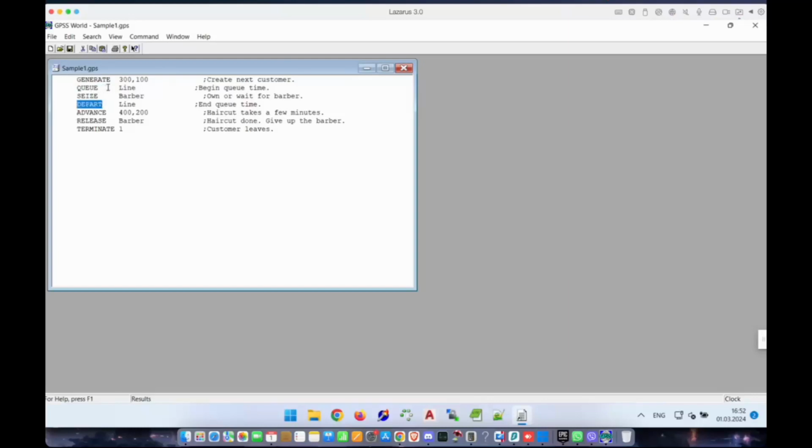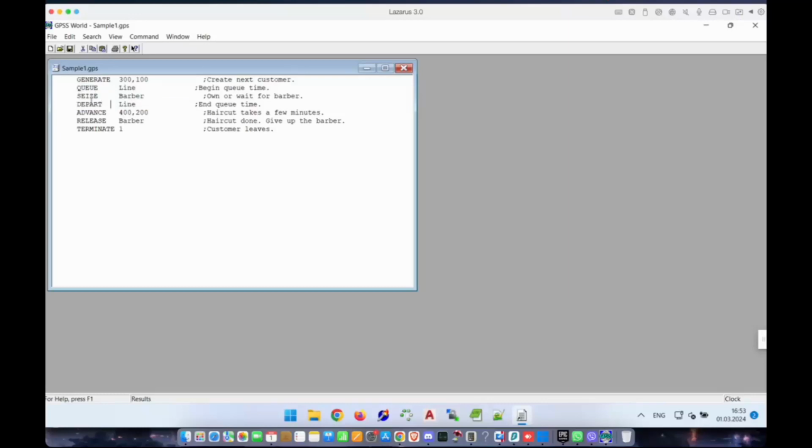I think the naming already means the essence of this. So queue is executed by transacts. The transact takes a place in the line, so literally it's attached to the line. And depart means that the transact leaves the line.